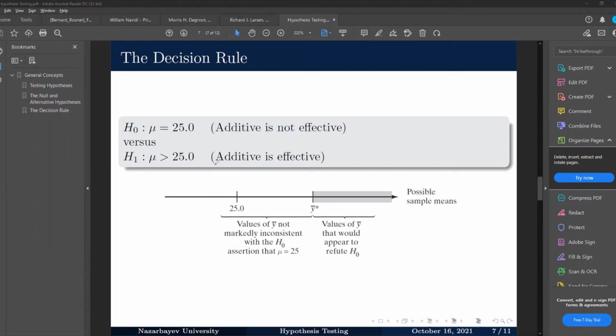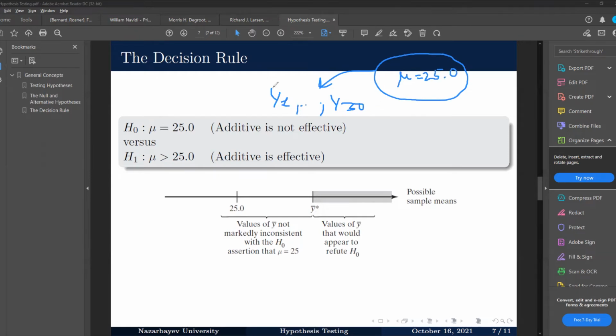Then our logical guess for deciding whether the new fuel additive is effective should be based on the following. We have our sample of yi's coming from a normal distribution, under the assumption of the null hypothesis that they come from a population with mu equal to 25 miles per gallon.